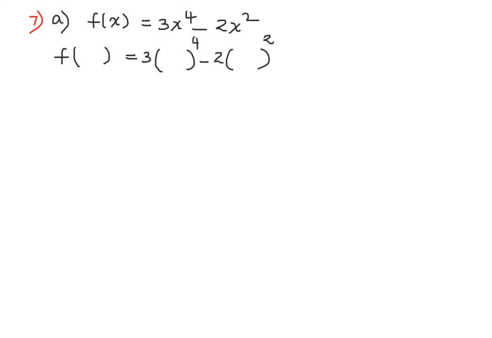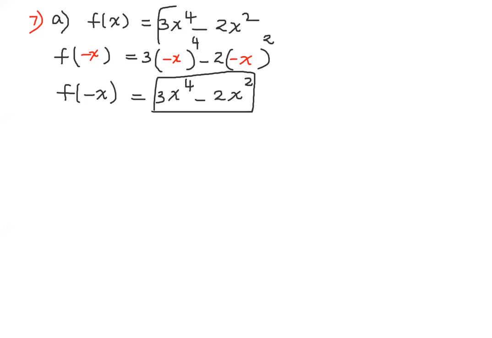So we get f of negative x equal to 3 times negative x to the power 4, which is positive x to the 4, and negative x squared is positive x squared. So we are getting the same as the original. If you get the same function, then it is even.